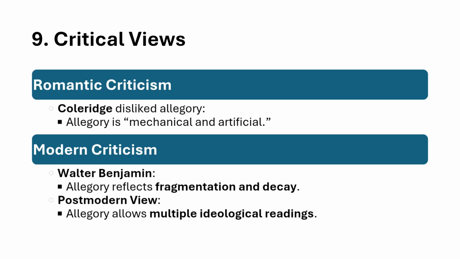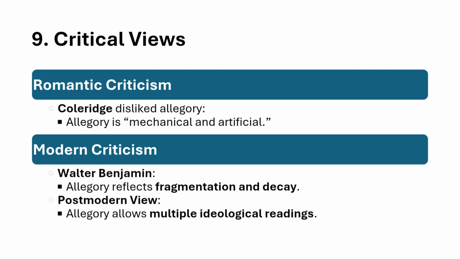Now let us look at the critical views on allegory. Critics have mixed opinions about allegory. On one side, some critics argue that allegory can become too rigid and mechanical. Since characters represent fixed ideas, they often lack psychological depth and realism. Because of its strong moral purpose, allegory is sometimes seen as overly didactic, meaning it teaches too directly.